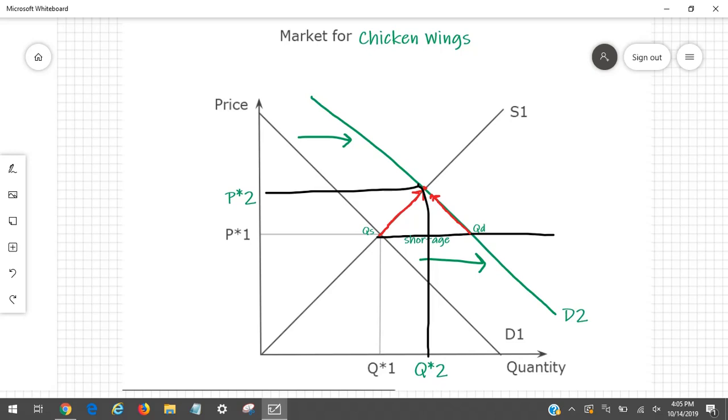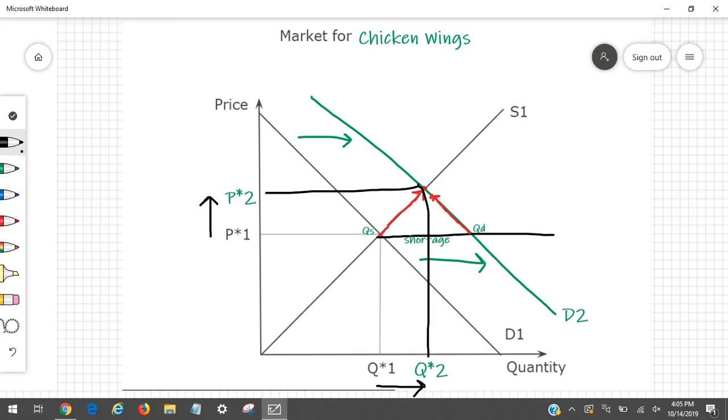All right, so in the end, it looks like here my P1 increases up to P2, so equilibrium price went up, and equilibrium quantity also increases from Q1 up to Q2. So the increase in demand causes an increase in the price, equilibrium price, and an increase in the equilibrium quantity for chicken wings. So your answer would be in this format.